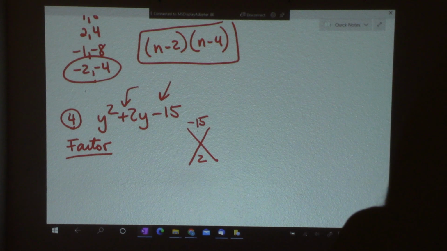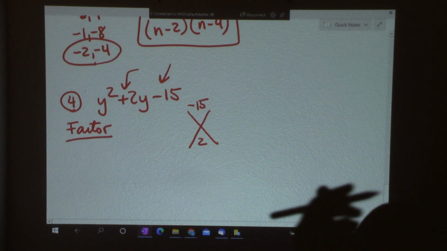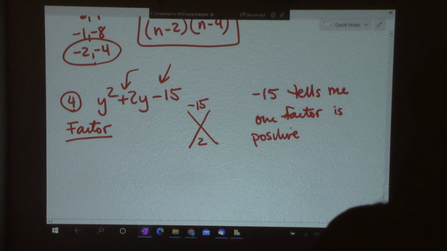Okay. So, what multiplies to be negative 15? Now, the negative 15 tells me that one factor is positive, and one factor is negative.